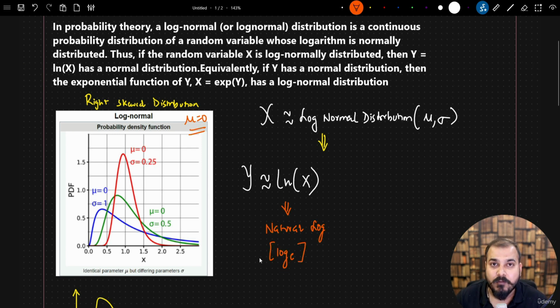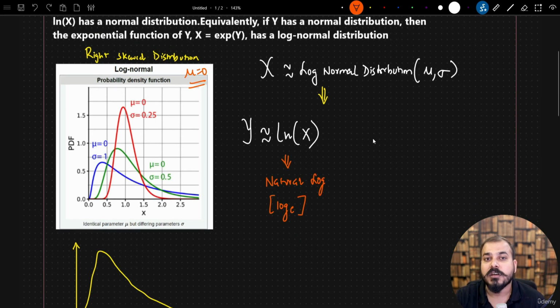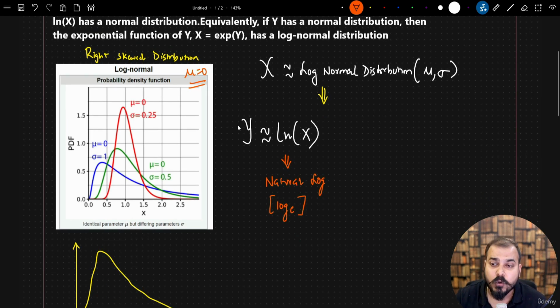So whenever we have log to the base e, that is basically called natural log. So over here, if I have a random variable which belongs to a log normal distribution, and I create a random variable y by applying this formula, log of x, in all the values I'm applying natural log.